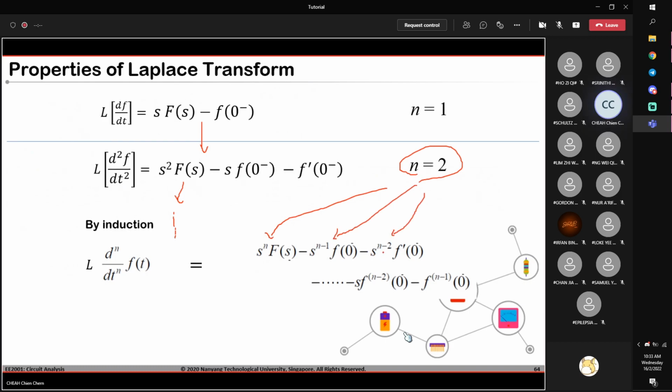Until this becomes 0. N equal to 2, this will become s to the power 0. N equal to 2, this will become s to the power 1. N equal to 2, this s squared is exactly this one. And the rest, no more, because you reach 0 already. Similarly, you can take the differentiation of d cubed f over dt cubed.